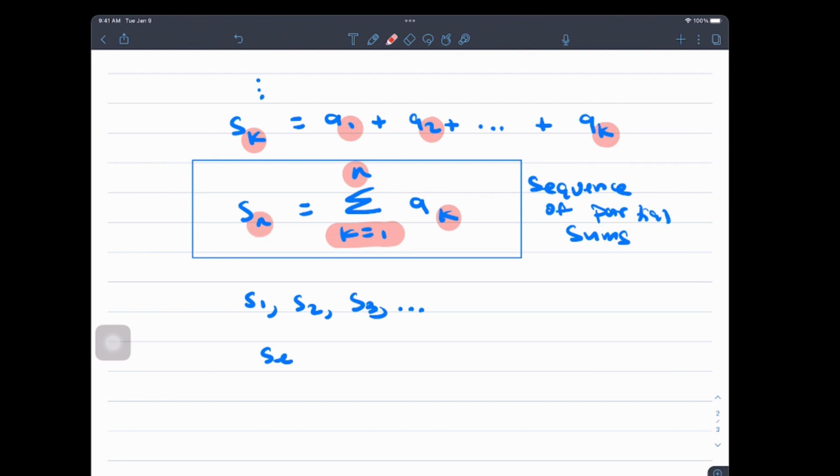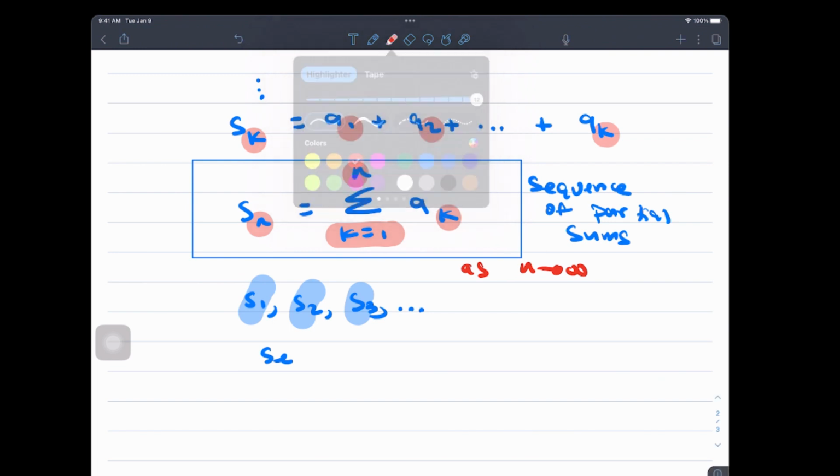Now that creates this infinite sequence here, because we want to look at this as n goes to infinity. The sequence of partial sums as n goes to infinity. This is why we say, let n keep going forever. And that's why we can talk about whether this converges or diverges, because you're really talking about the sequence of partial sums. So the big question is going to be essentially that.